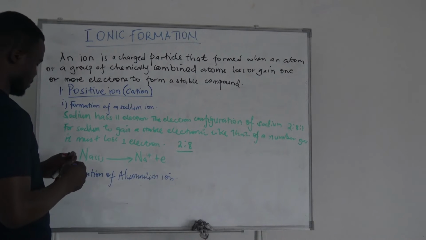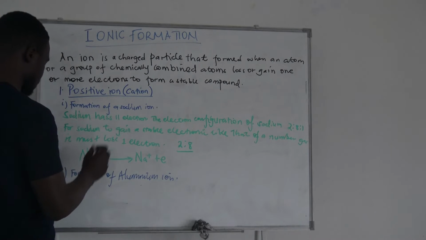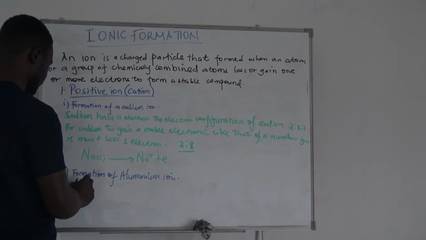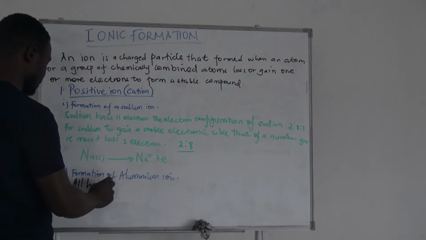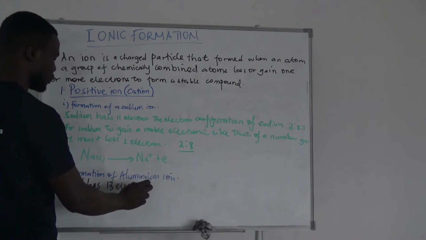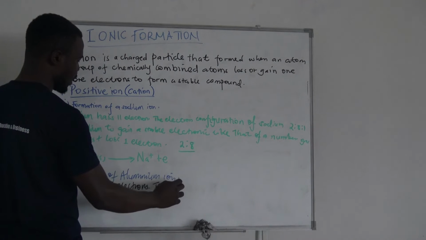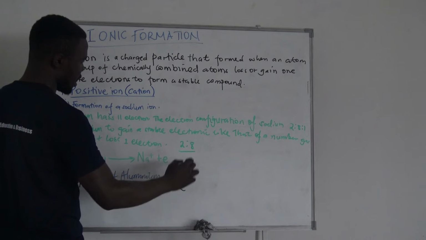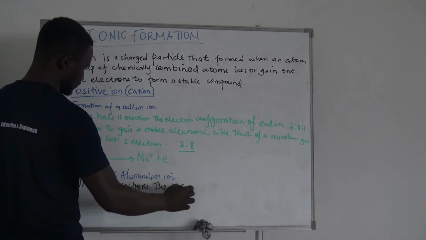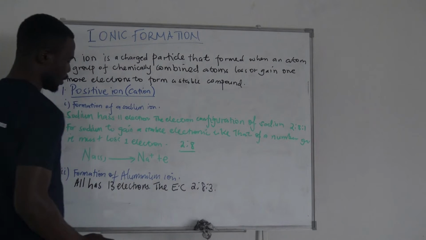Aluminium has 13 electrons, so the electronic configuration, EC, of aluminium is 2, 8, 3.